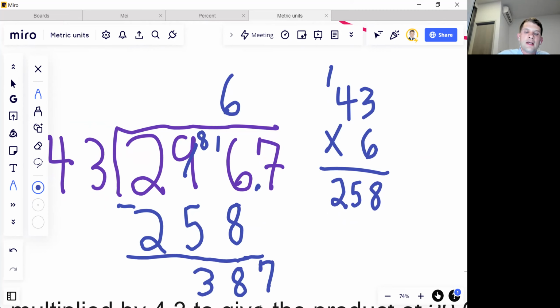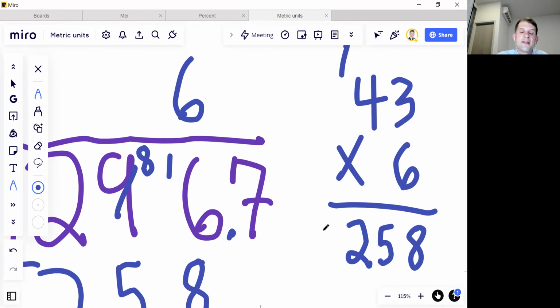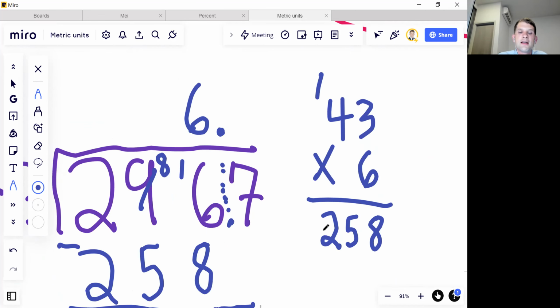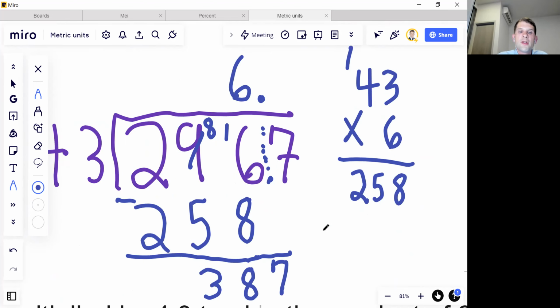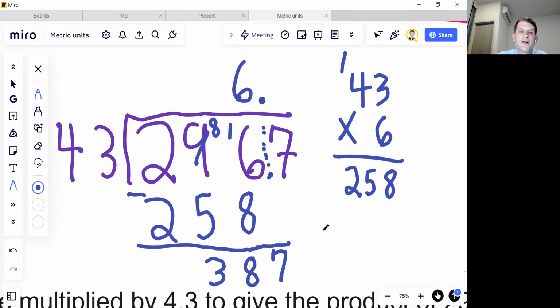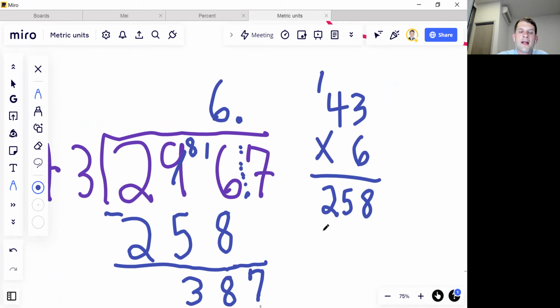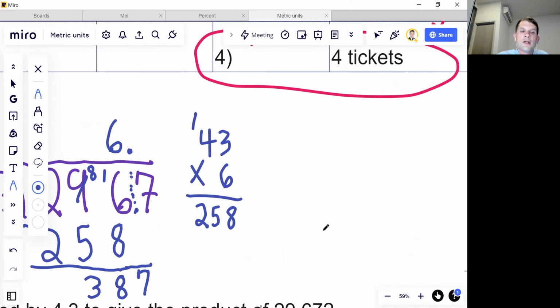All right, and now before we go any further, we need to take this decimal and move it straight up. So this decimal is going to go straight up here. And next I need to take 43 into 387. And I think that'll work out if we just do 43 times 9.